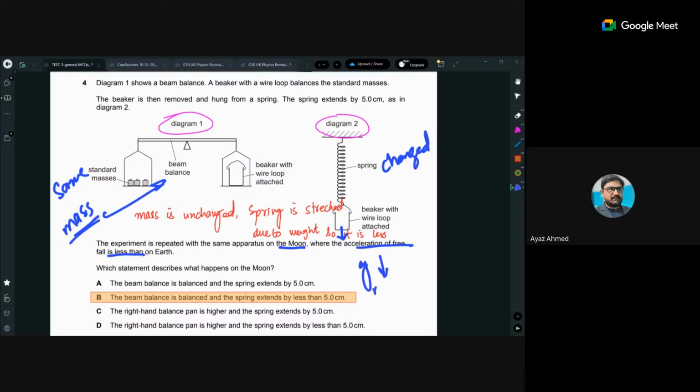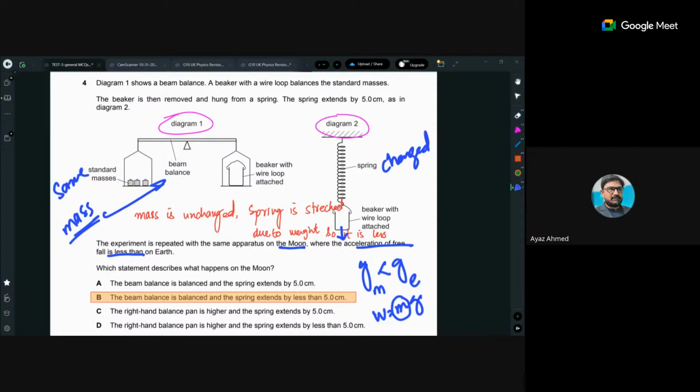So the gravitational pull on the Moon is less than that on the Earth. Weight is equal to m into g. So mass remains unchanged, and where g is less, the weight would be less.